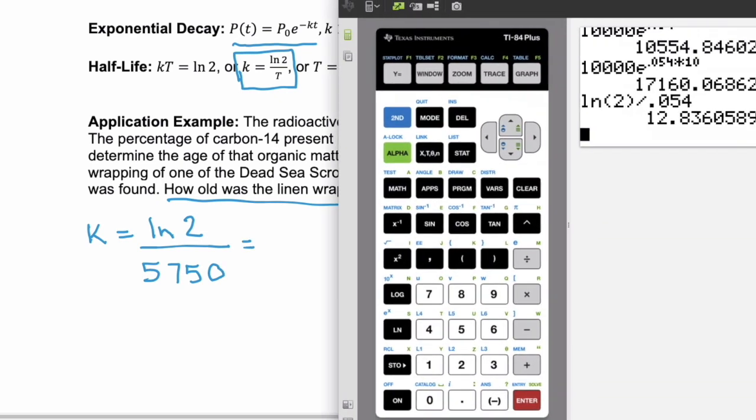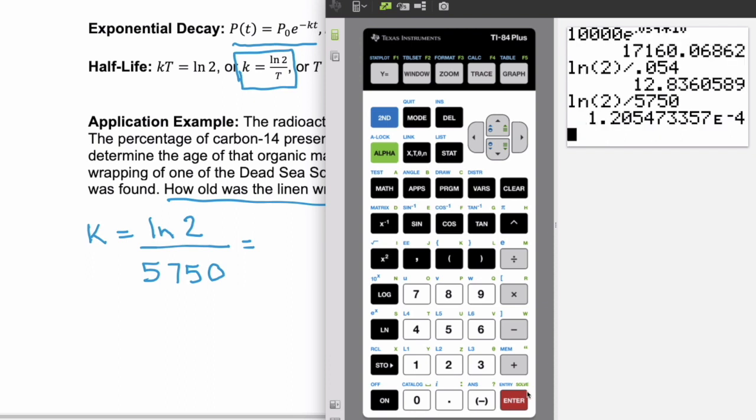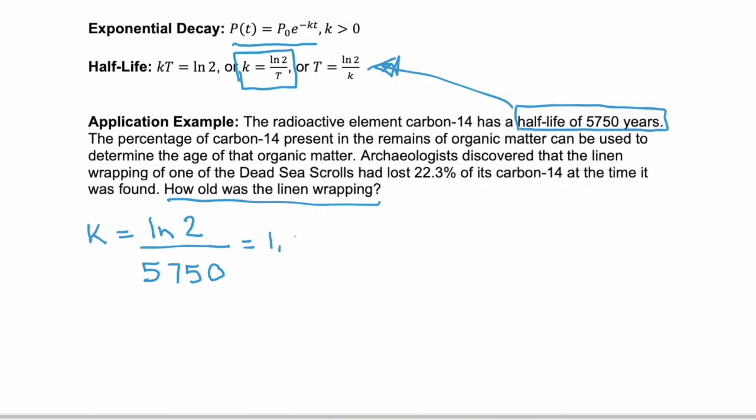And our calculator tells us the natural log of 2 divided by 5,750 is equal to 1.2 times 10 to the negative 4. Or if we want that in decimal form, that would be 0.00012. Right? We have 4 decimal places from the 1.2 to 0.00012.